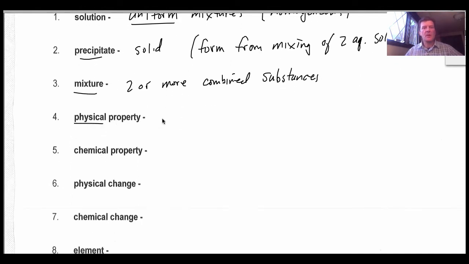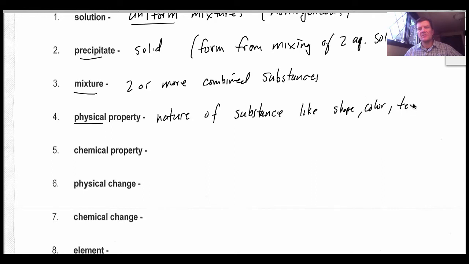A physical property has to do with the nature of the substance, like shape, color, texture, also things like boiling point, melting point.